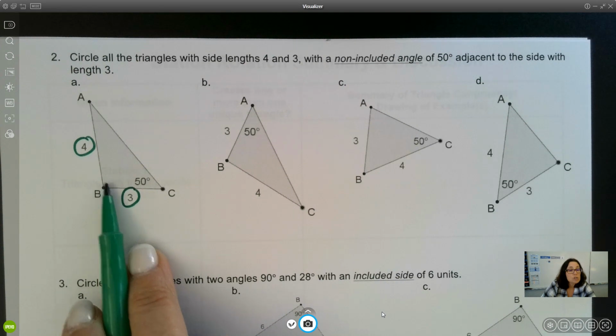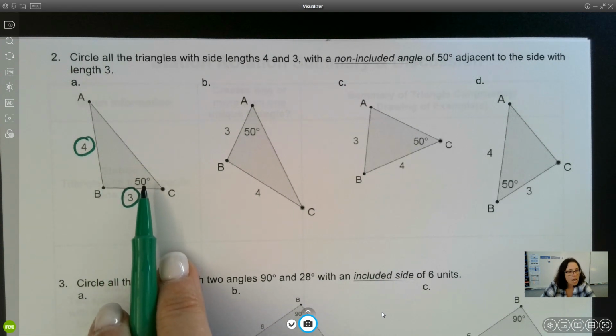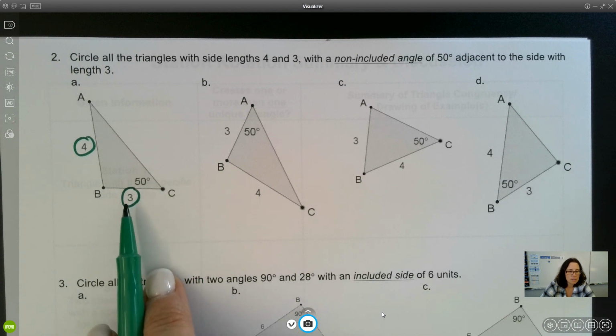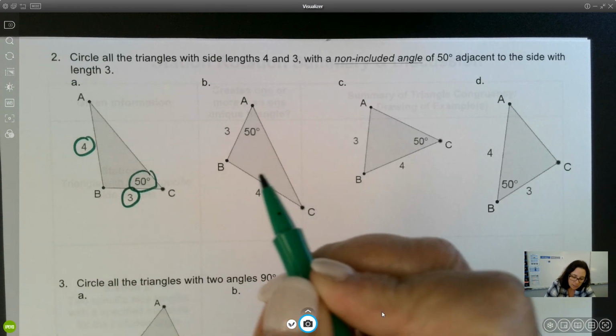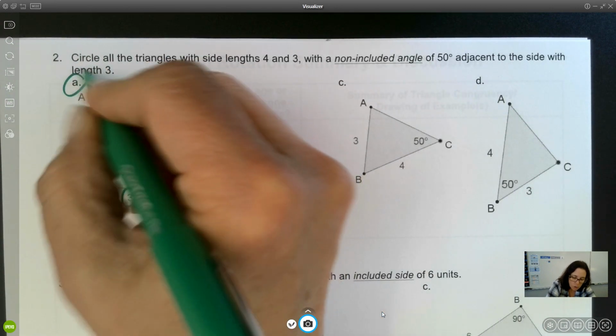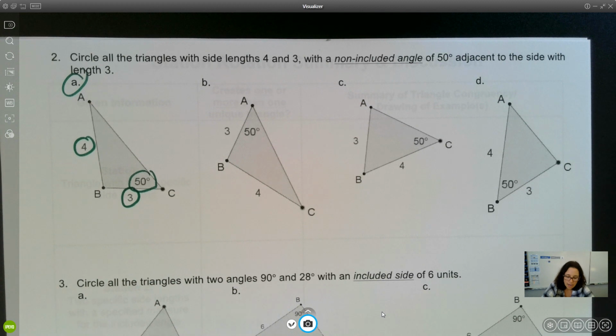Included would be here, so we're good. 50's non-included. Now is the 50 adjacent, next to the side length 3? Yes, it is. So this is non-included and adjacent. So A works.